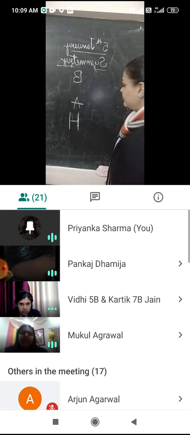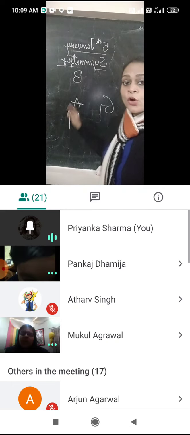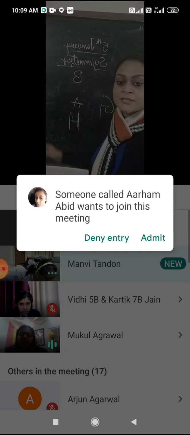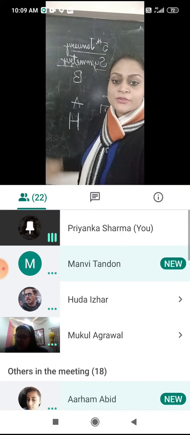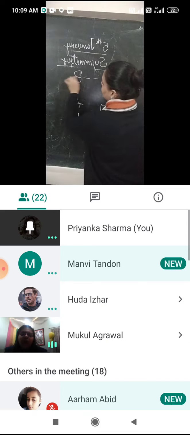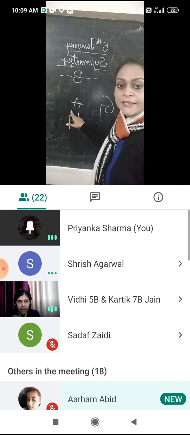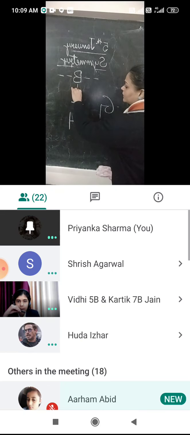I take alphabet C. Now you will have to tell me in these alphabets which kind of symmetry line will divide them. In B, horizontal line. Then in A, vertical.